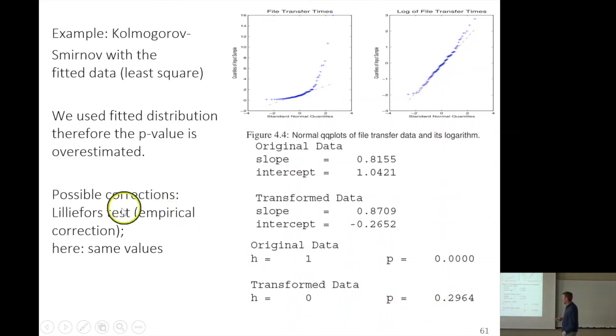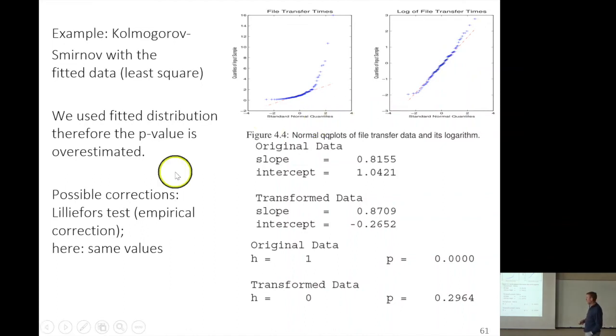Now, there are corrections that have been done. They are not really justified by hard mathematical theories, but empirical corrections that have been found to work well. So there is another test than Kolmogorov-Smirnov, which is specific to Gaussian, which is called the Lilliefors test, which does the thing right, at least empirically, by correcting the p-value for the fact that I've estimated the Gaussian distribution.